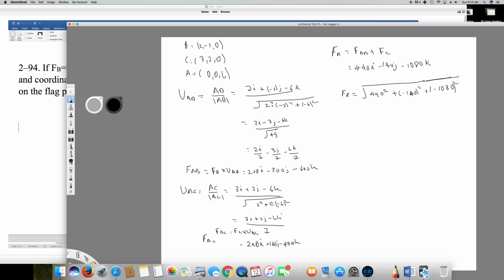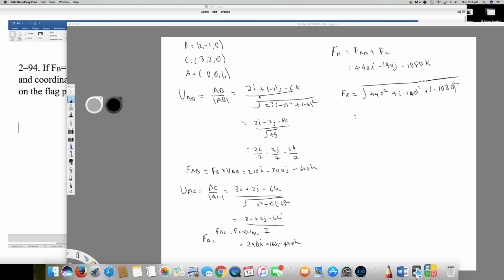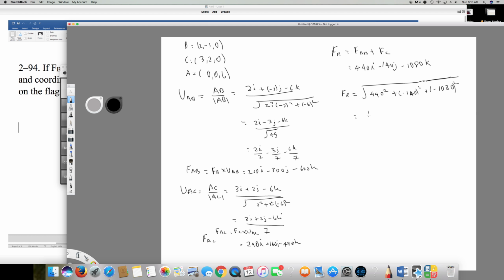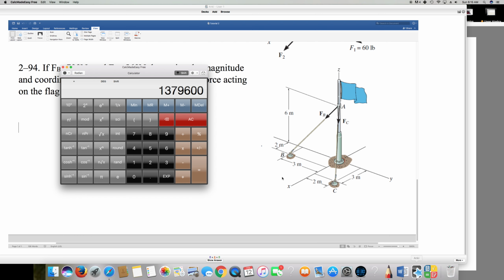So let's find the value. If I use the calculator, here we go. 440 squared plus 140 squared, and plus 1080 squared, is equal to 1379600.